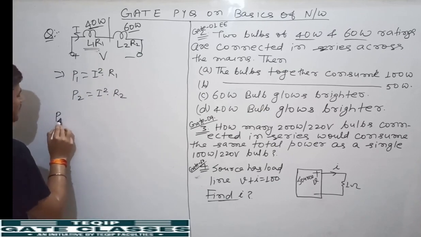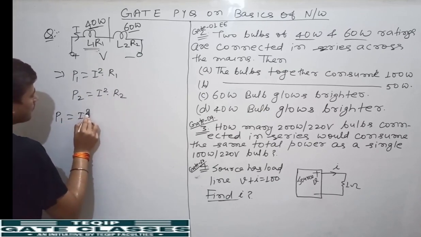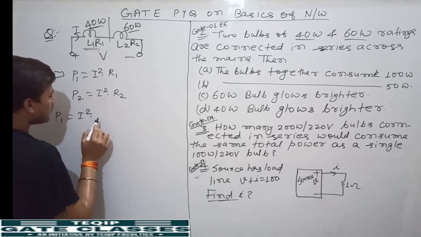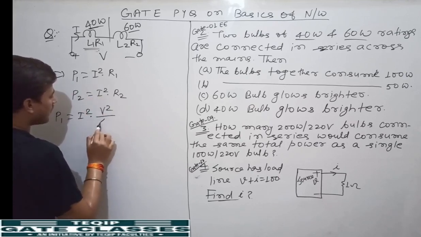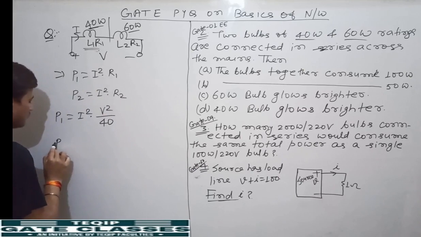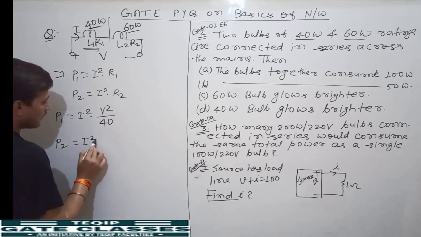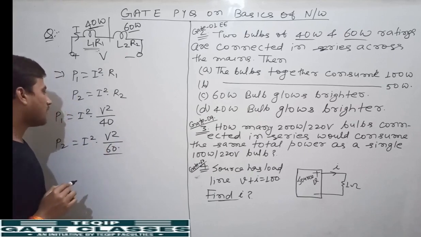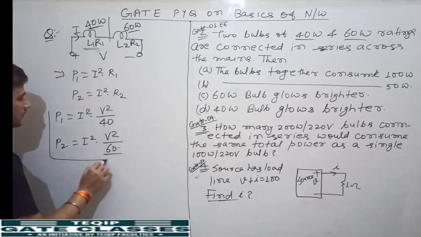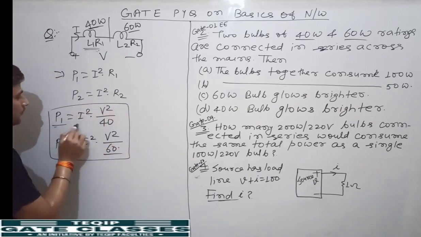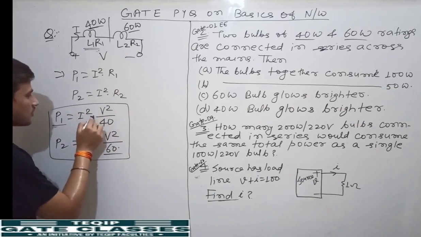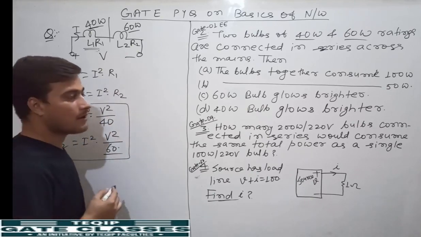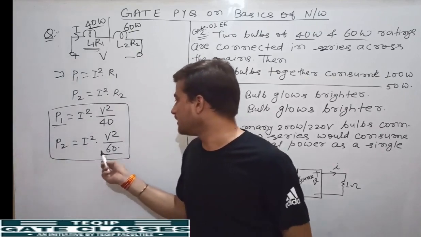Now P1, instead of R1, you will write V square divided by 40. And P2, you will write I square into V square divided by 60. So what do you see? Power P1 is some constant divided by 40, power P2 is some constant divided by 60.